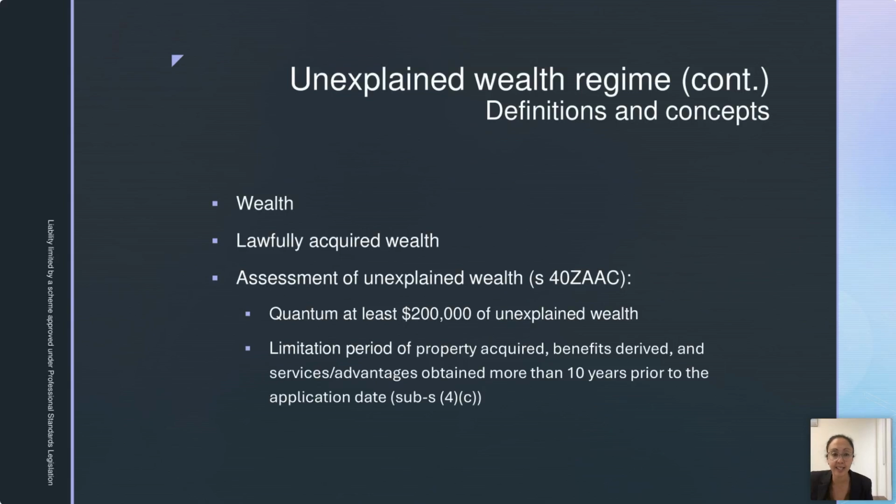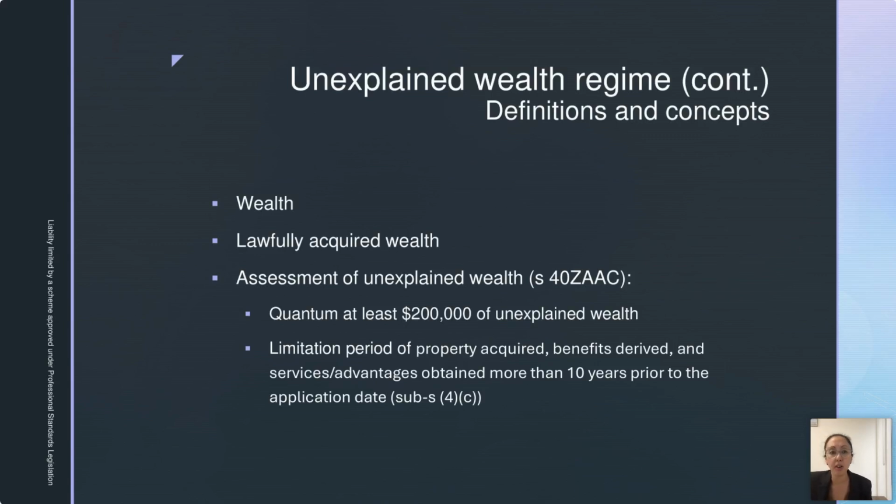Lawfully acquired has the same meaning in 40 capital G, and in relation to wealth referred to here, means the lawfully acquired property, lawfully derived benefits, lawfully obtained services and advantages. So that's lawfully acquired wealth.